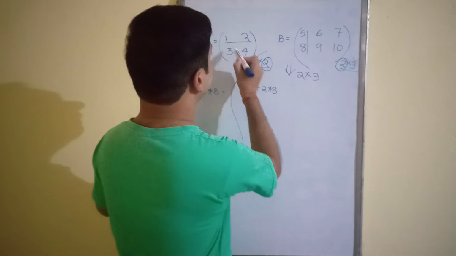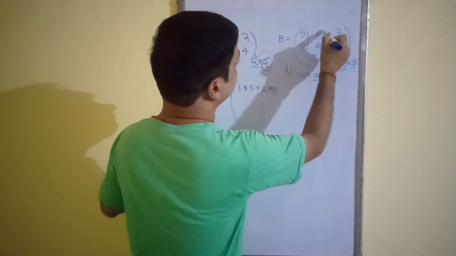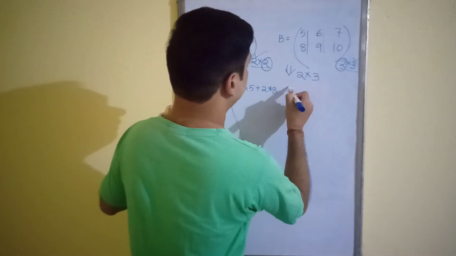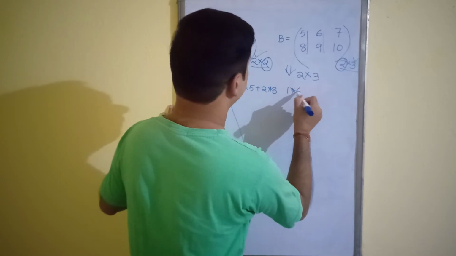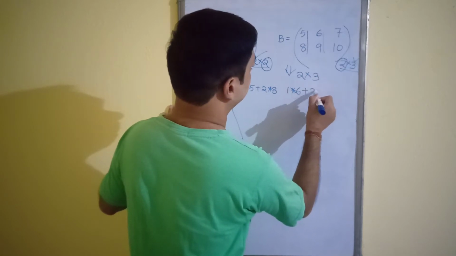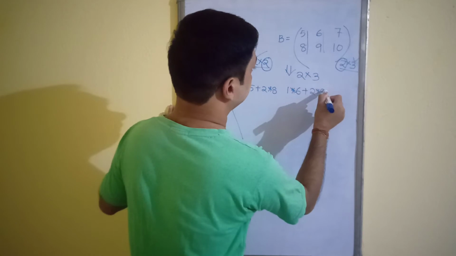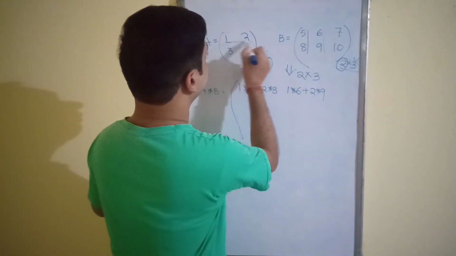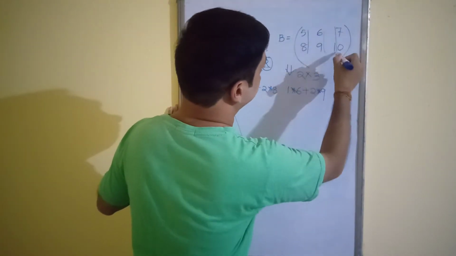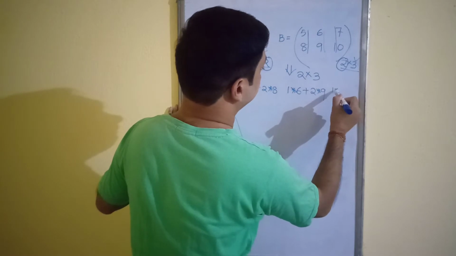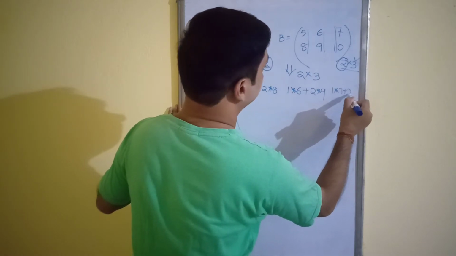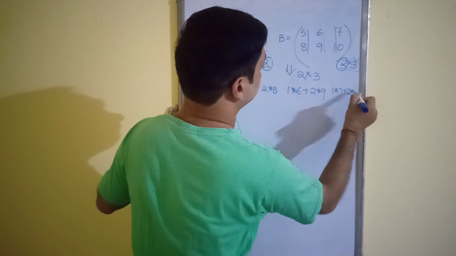Now you can see again this row will be multiplied with this column. That is 1 into 6 plus 2 into 9. Now the third one is 1 into 7 plus 2 into 10.